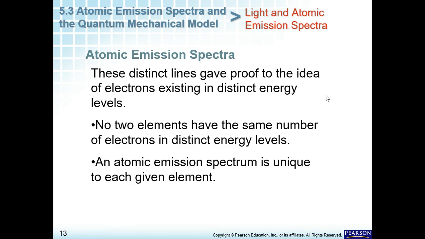These distinct lines give proof to the idea that electrons exist in distinct energy levels, and no two elements have the same number of electrons in these specific energy levels. We saw this when I gave you the electron configuration of an element and you were able to tell me which element it was. An atomic emission spectrum is unique to a given element, and this is how we know what elements make up our stars.